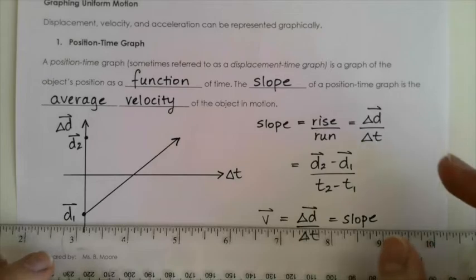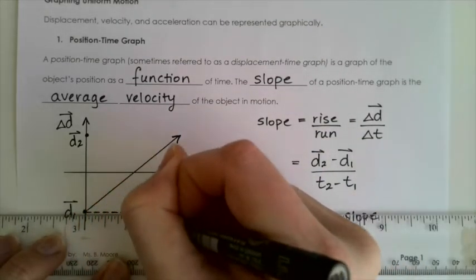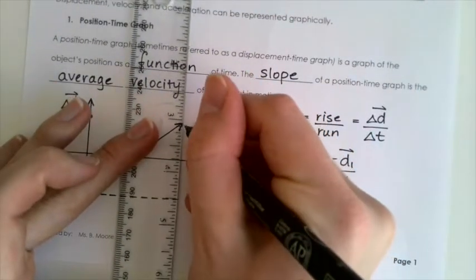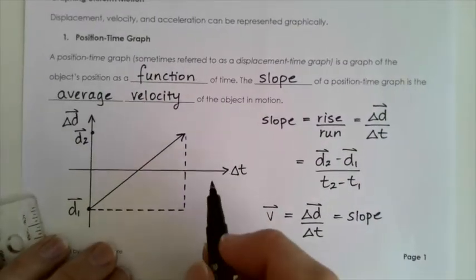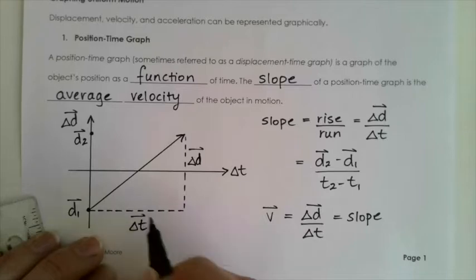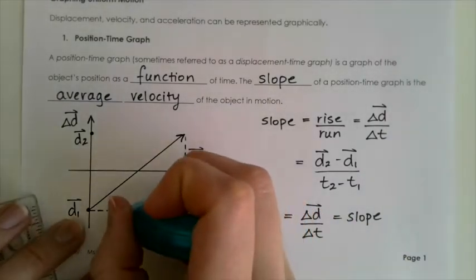I'm going to also label this on our graph so that we can clearly see the rise and the run. Okay, here's our rise or our change in position, and here's our run, or our change in time. That should definitely not have a vector hat, so I'm going to take that off.